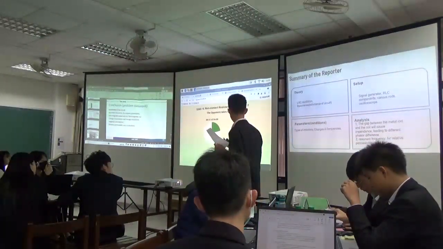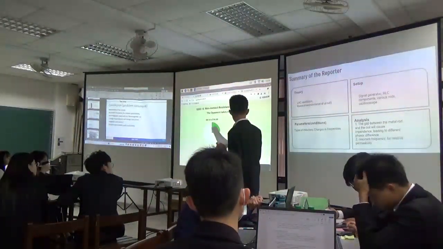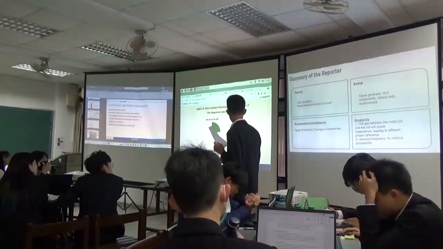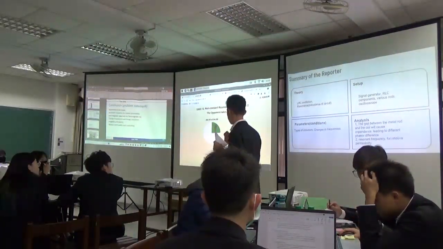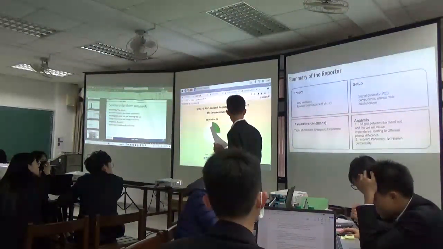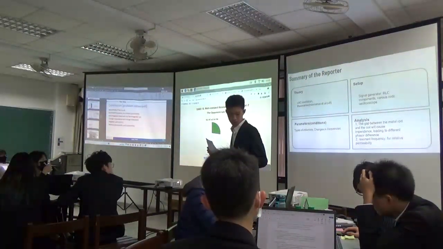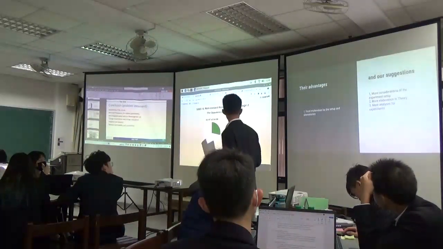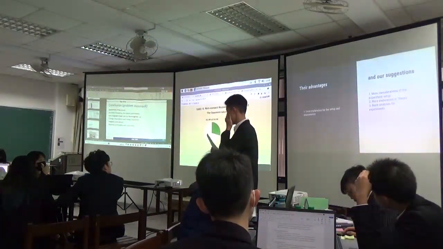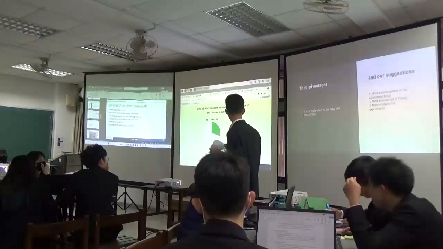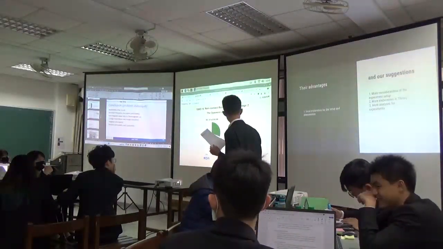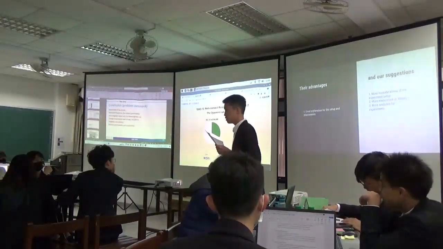Their parameter is the type of the inductors, and they investigate the changes in frequencies. And they really make a good point. Their advantage is that they have a good explanation for their experiment setup and phenomena.